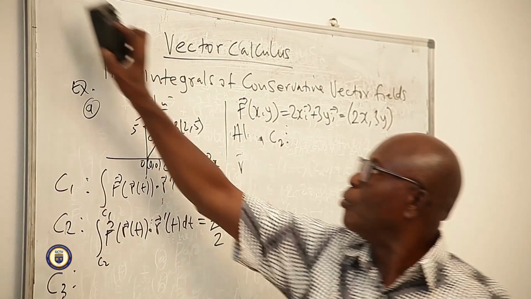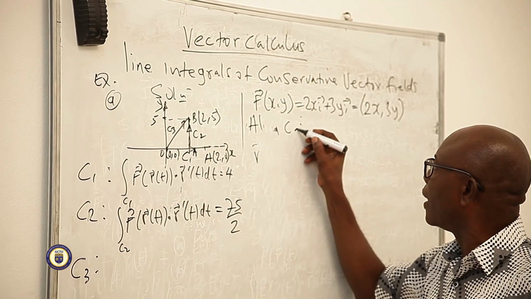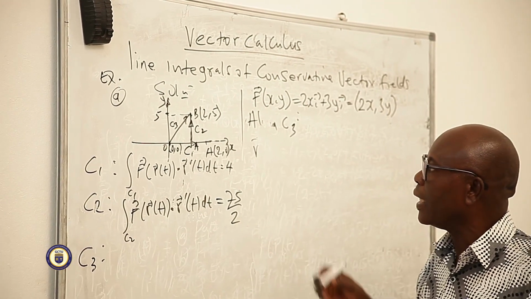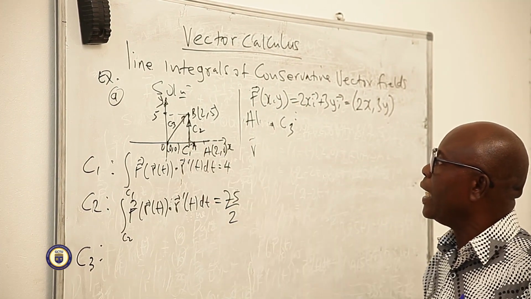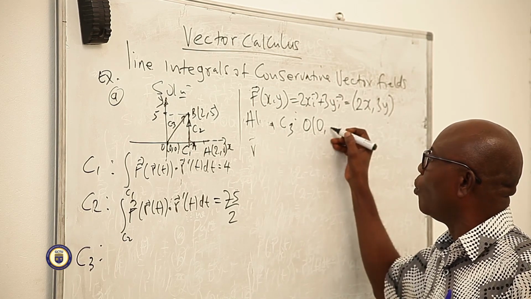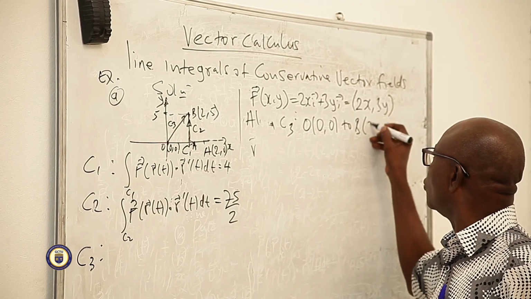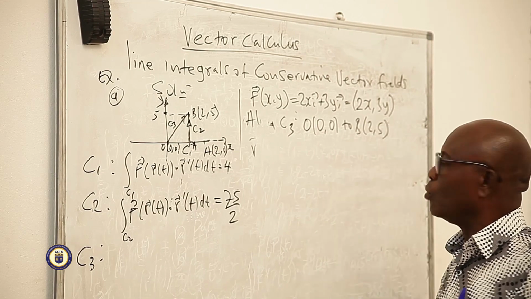And that one will be along C3, and the point is point 0, which is (0, 0), to point B, which is (2, 5).